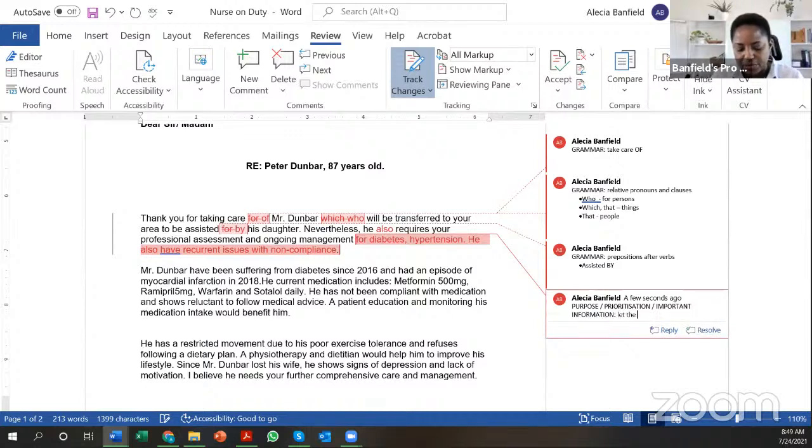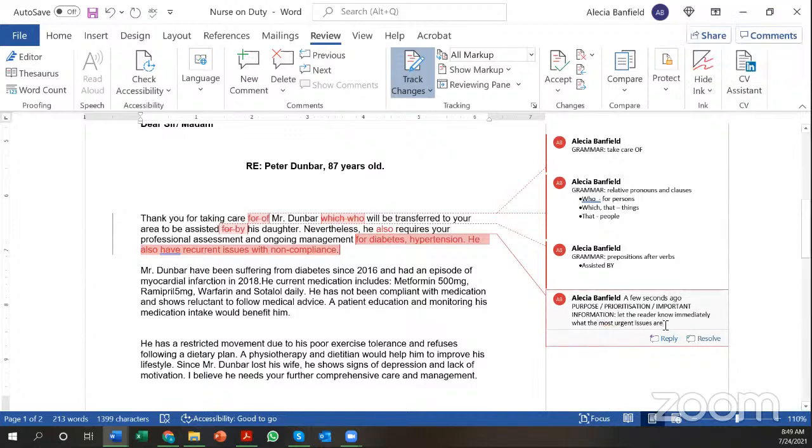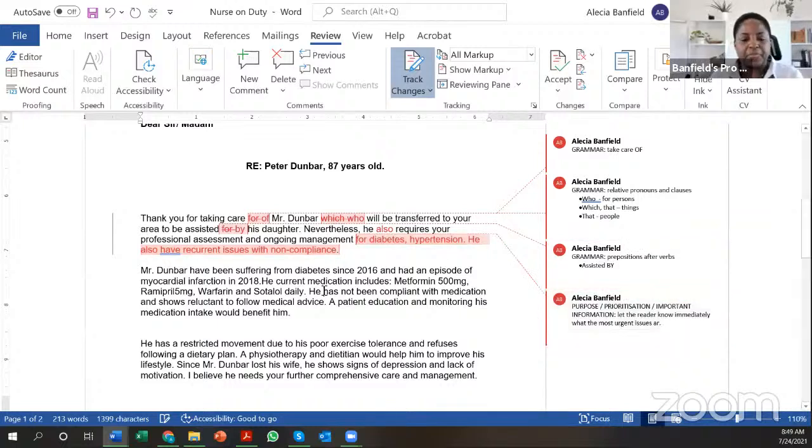Let the reader know immediately what the most urgent issues are. You don't have to go into detail. You just outline them. All right, so let's keep going.